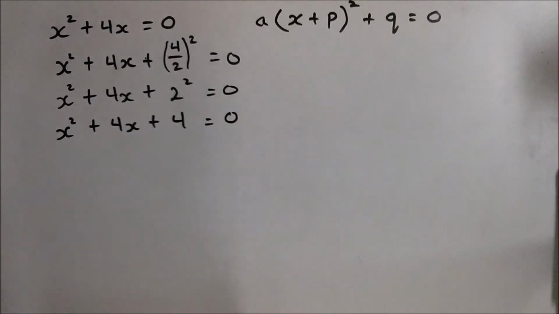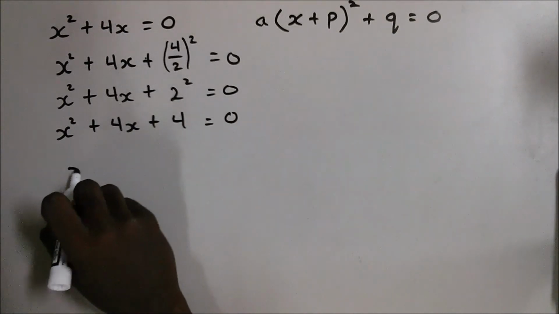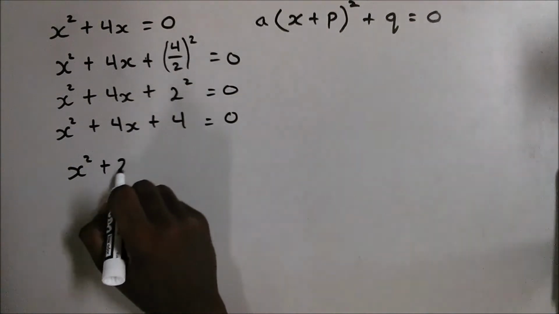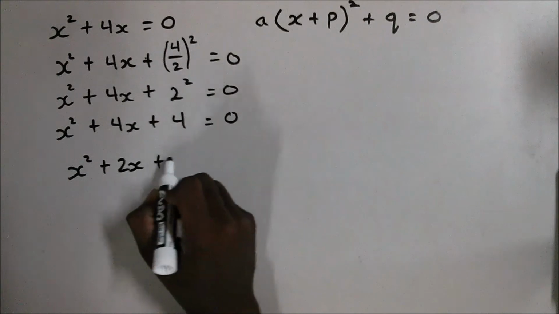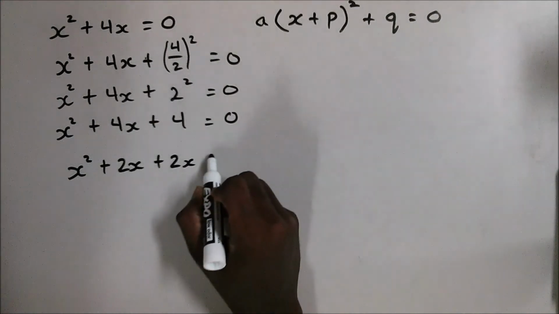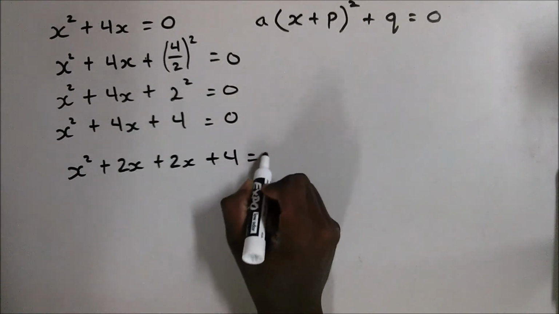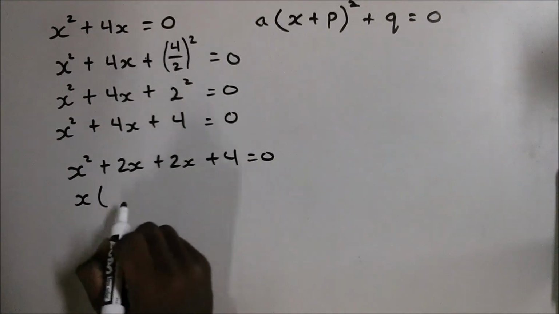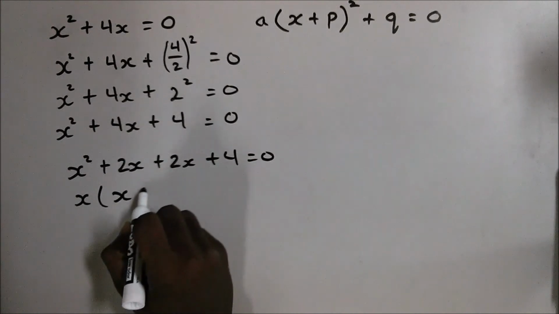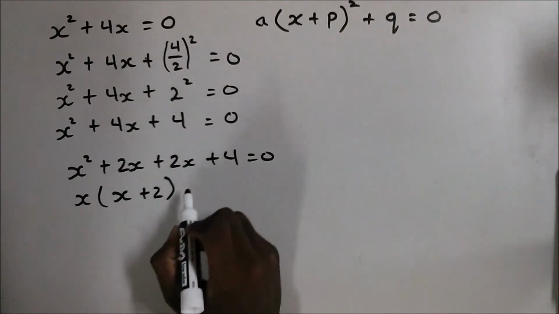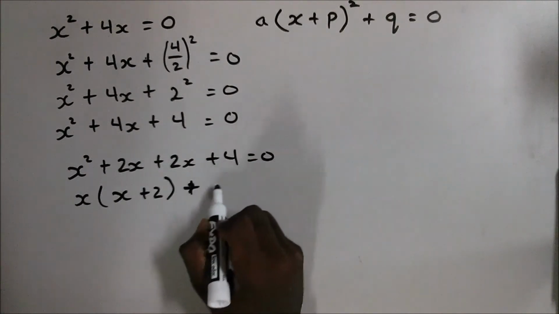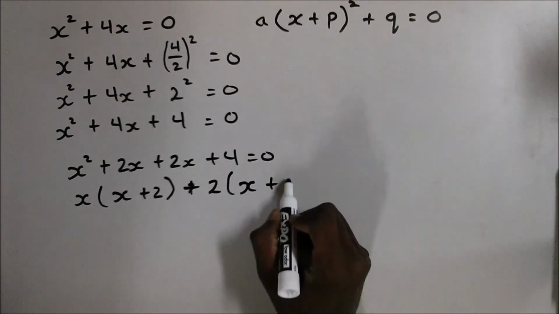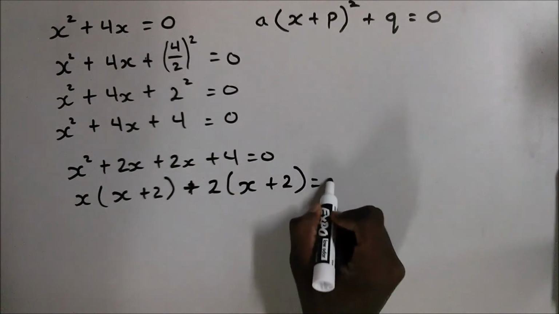So when you factorize, we get x squared plus 2x plus 2x plus 4 equals 0. Then x plus 2, plus 2, sorry, x plus 2 equals 0.